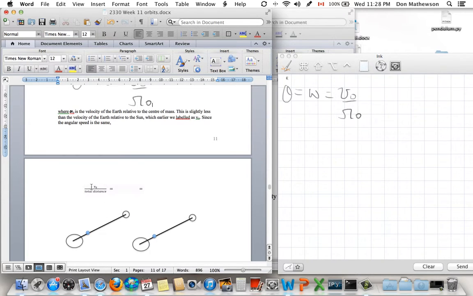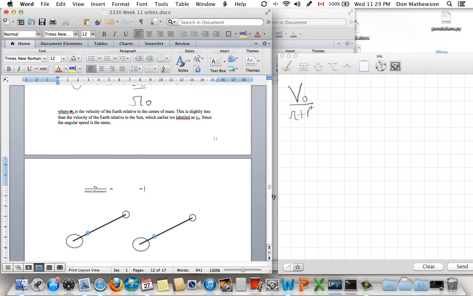And since omega is v over r, we have that v naught over the total distance. Oh, let me clear that. Just to be clear, this is Earth, Sun. No curvature there at all.